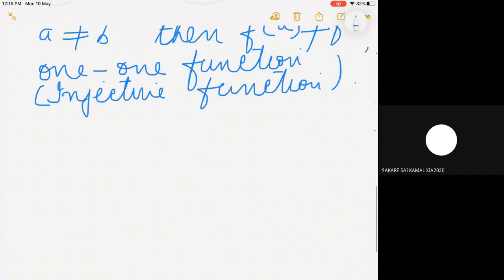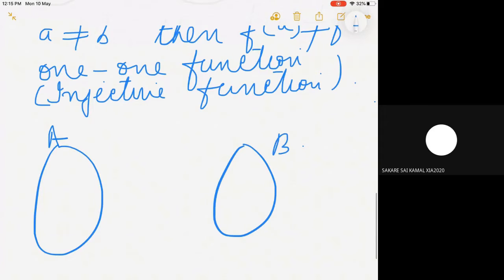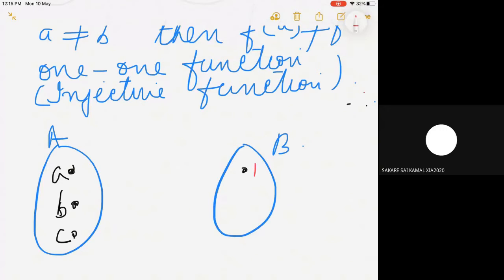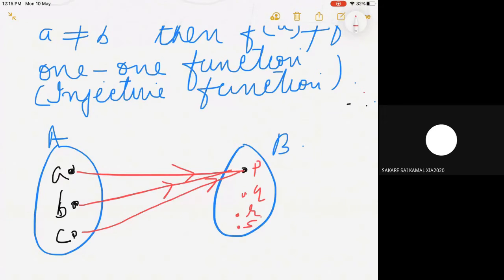One more thing you just see. Here is your A and here is your B, and we have A, B, C, and on the right-hand side we have P, Q, R, S. Suppose A's image is P and B's image is also P. C's image is P. What do you see here?